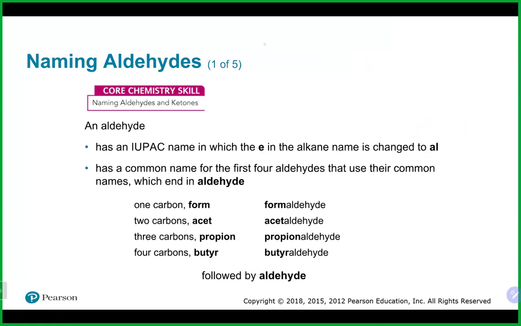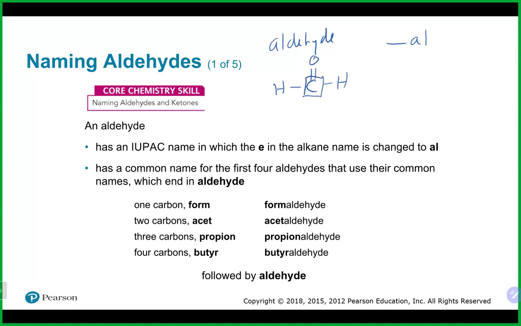For an aldehyde, we basically just drop the last part of the name and we put al at the end of it. Now, there are some common names, like formaldehyde is 1 carbon. So for example, if I had this, that is 1 carbon, right?